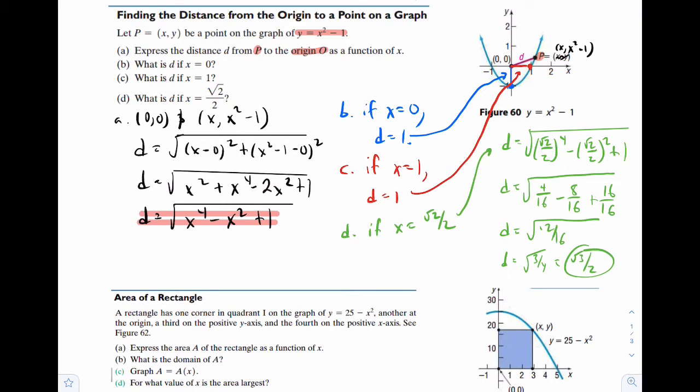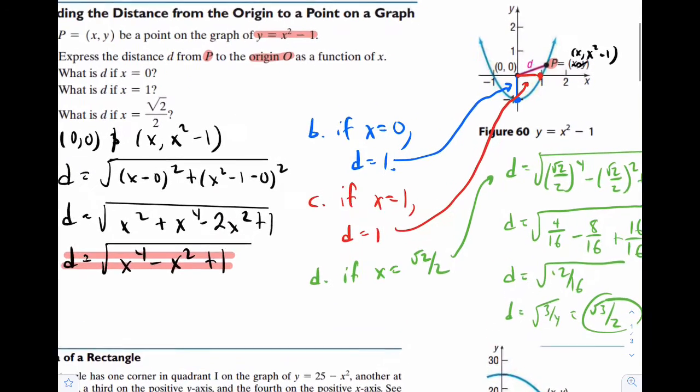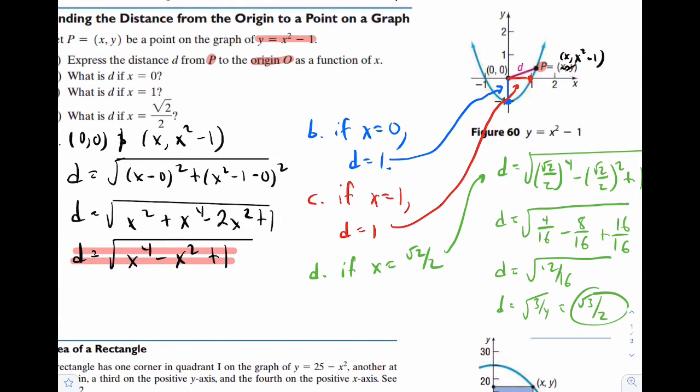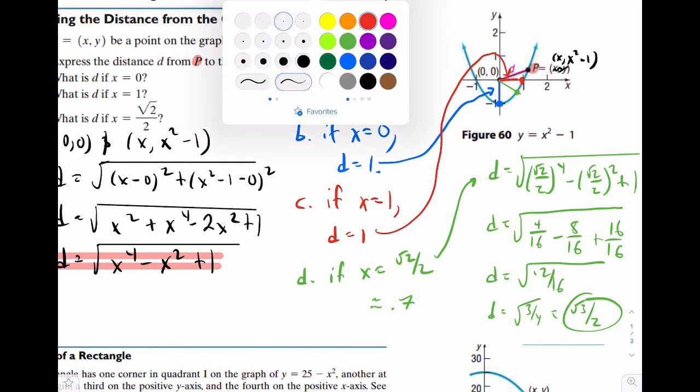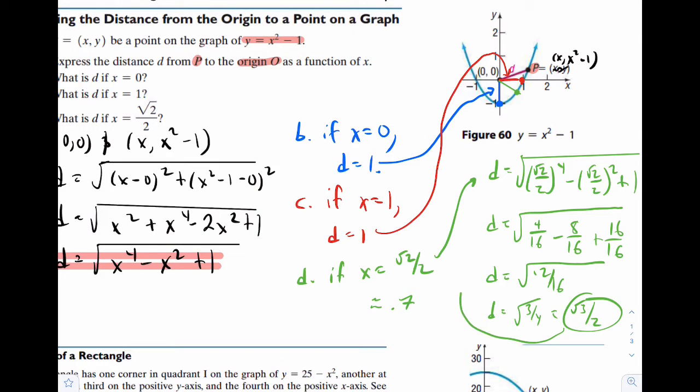If x is root 2 over 2, that's approximately 0.7, so that point would be somewhere over here. So we just found that this distance right here, this green line, and I'll get rid of this red line to make that nicer, that green line is going to be root 3 over 2, right there.